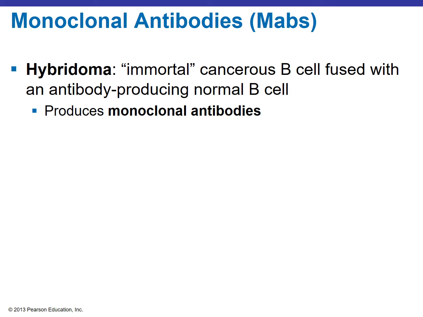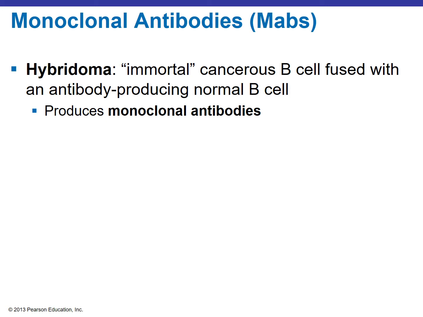So the idea in producing a cell line in vitro that can produce one type of antibody, or a monoclonal antibody, is you would need to make those B cells that are producing the antibody immortal.